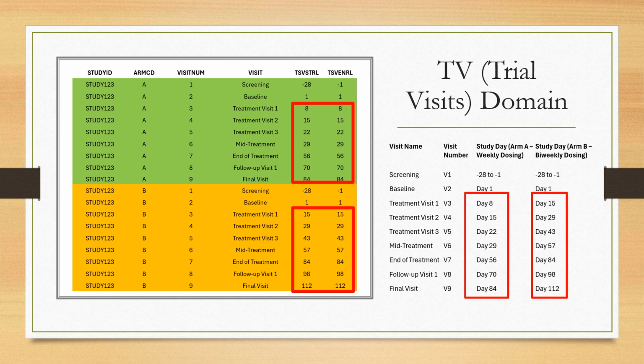The visits which are highlighted in yellow are defined for ARMCD A, and the VISITNUM highlighted in orange are the ones defined for ARMCD B. You can also see that the visits which are the same for both arms, which are the screening and baseline visits, are repeated for each arm here, and the ones which have different start rules and end rules are also displayed according to their start rule and end rule here. Please ignore the variable label typo error here.